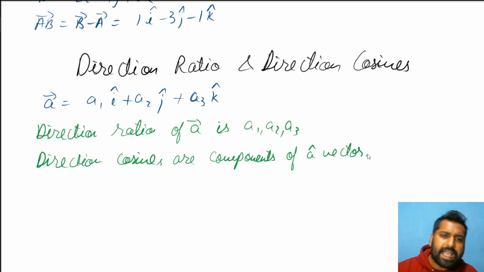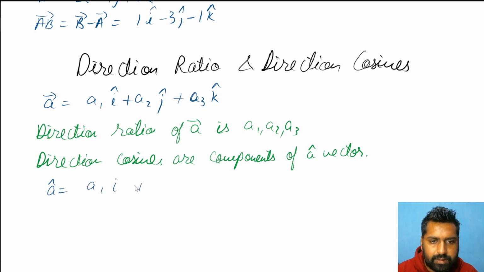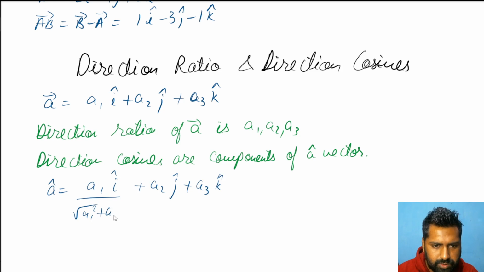So you convert any vector to a unit vector and look at its component. Right now your components are A1, A2, A3. So first of all, convert this into unit vector. So A vector will be A1i, A2j, A3k divided by its magnitude. And what's the magnitude? Root of A1 square, A2 square, A3 square.